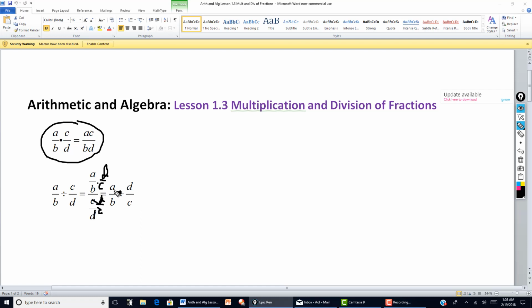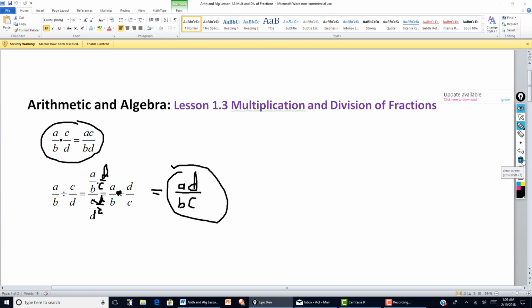What this is saying then is A over B divided by C over D becomes A over B times D over C. And then we finish this by simply saying this is going to equal AD over BC. And then of course you want to make sure that this is in simplified form.